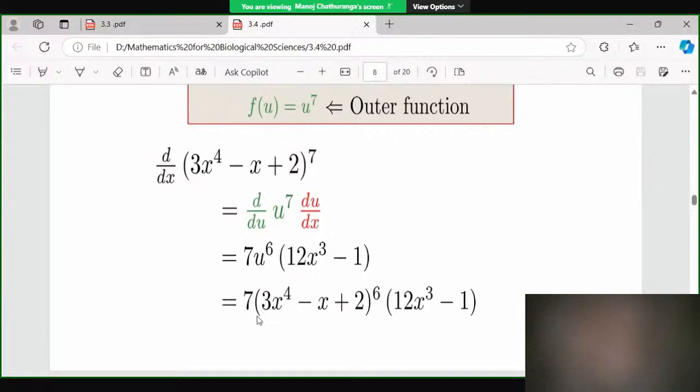Bring the exponent to the front, reduce the exponent by 1. Then differentiate the inner function. The derivative of 3x to the fourth power is 12x to the third, then minus 1 plus 0.